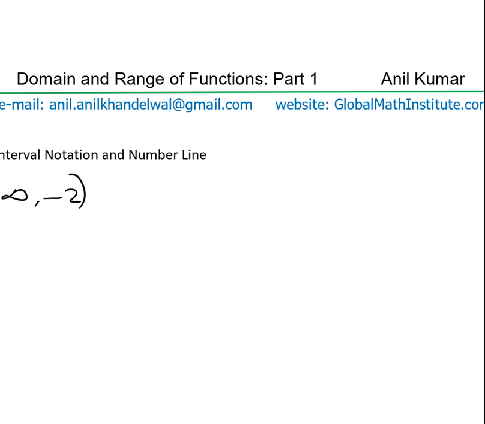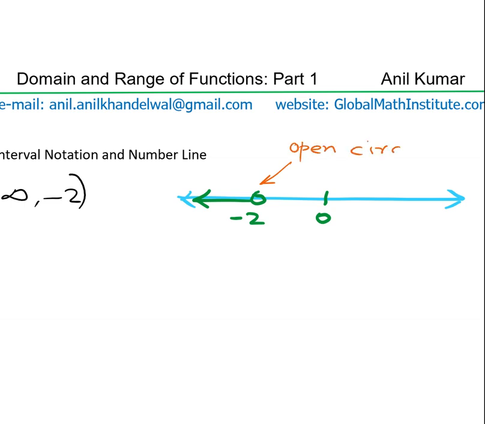Now that really means that on a number line we have the domain, which could be represented as, let's say this is our 0, from -2 to -infinity, and this time I have put a bracket which is not a closed bracket, so it will be an open hole, and then that is -2. So note we have an open hole here, or you can say open circle. So that means not included.